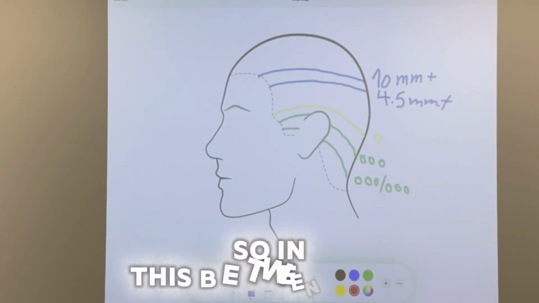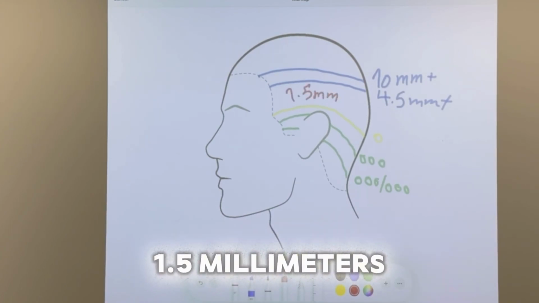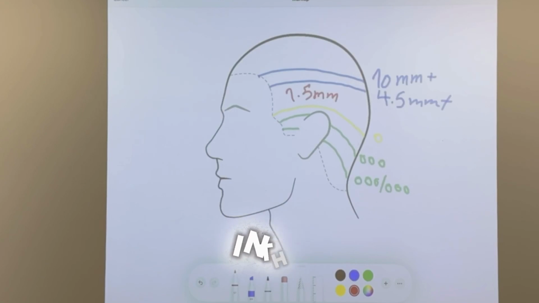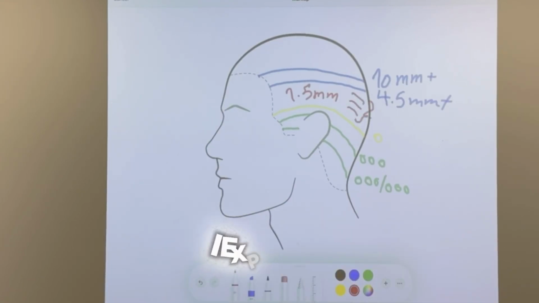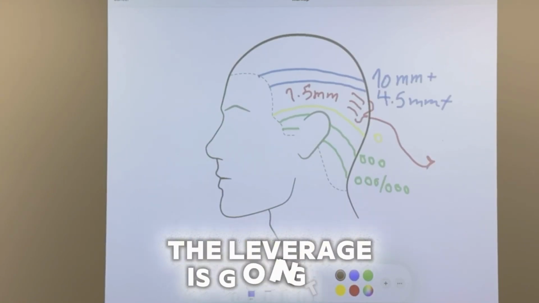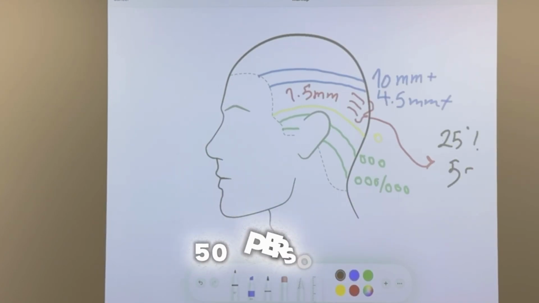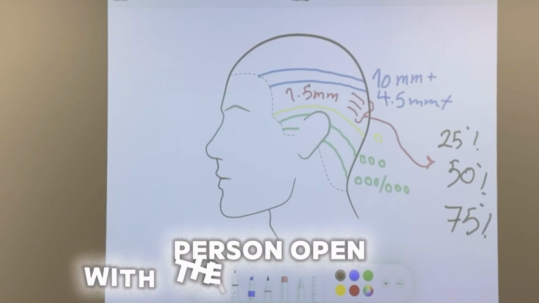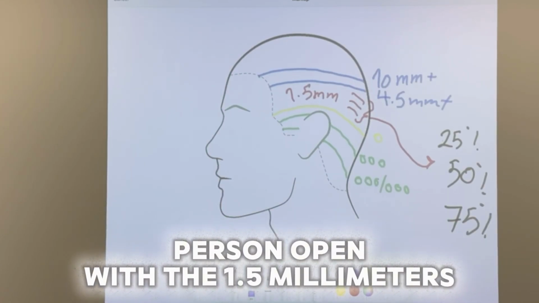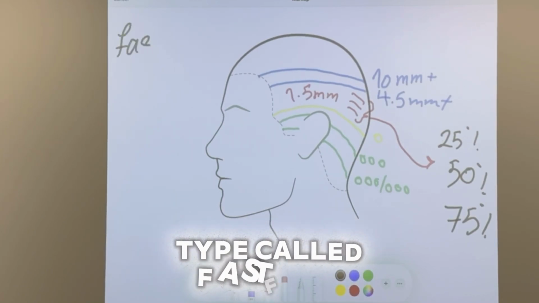So in between here I'm going to work with the 1.5 millimeters in 3 different levels. What it means here, I explain it here: the leverage is going to be 25% open, 50% open, and 75% open with the 1.5 millimeters. So this type is called fast fade.